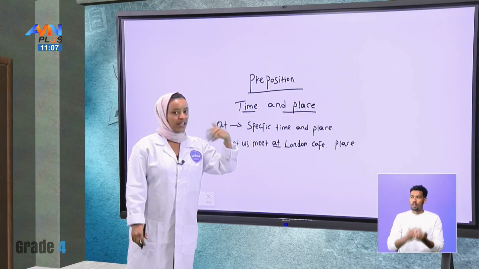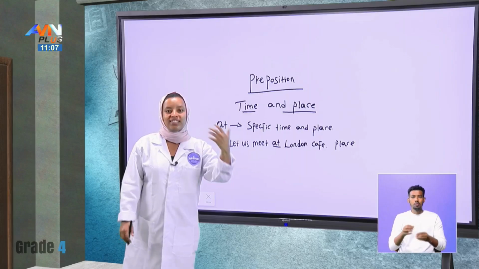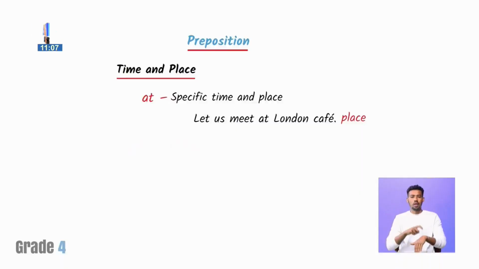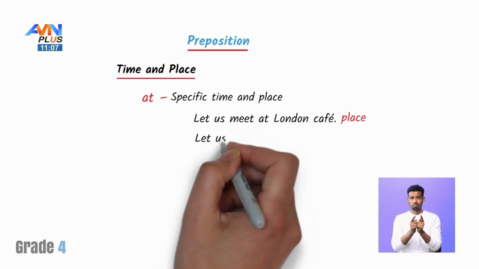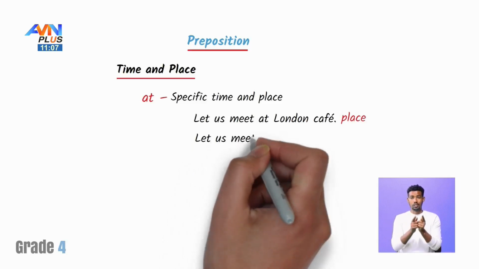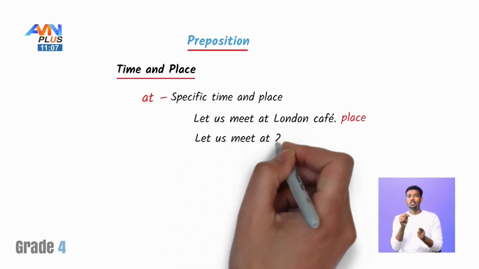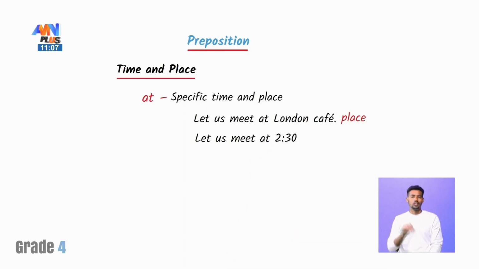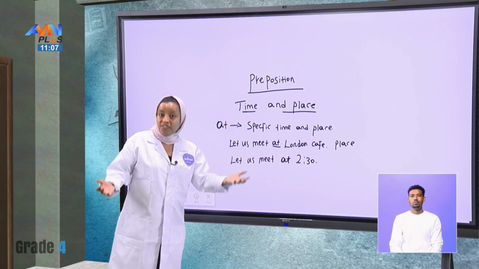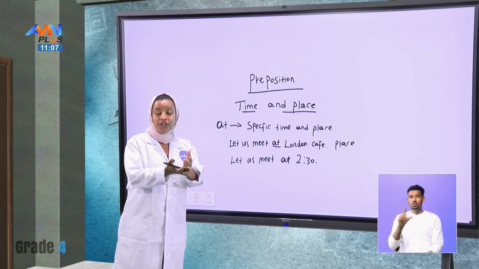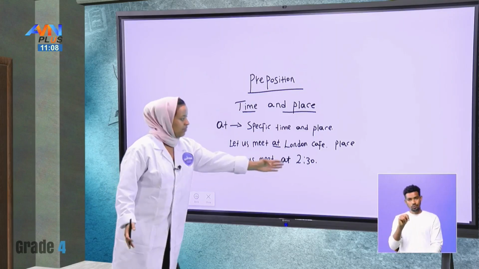Let me give you an example by using time. For example, let us meet at 2:30. Let us meet at 2:30 at London Cafe. It means it's a very specific time because there is 2:30.